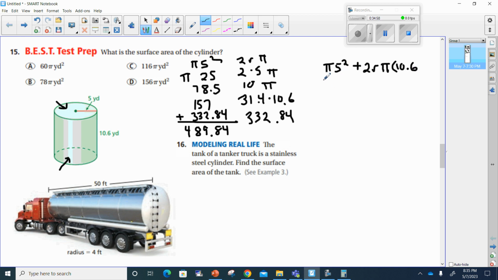Now we're going to go ahead and realize that 5 squared is 25. So now we got pi times 25. That's going to be added to 2 times the radius. We said the radius is also 5. So I'm just going to put 2 times 5, and then I'm going to put pi over here, and I'm going to multiply this to 10.6.